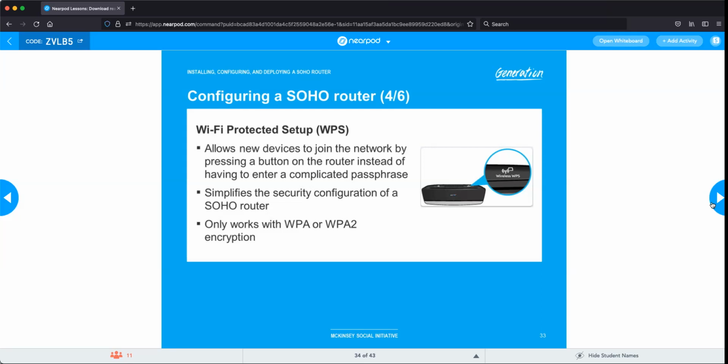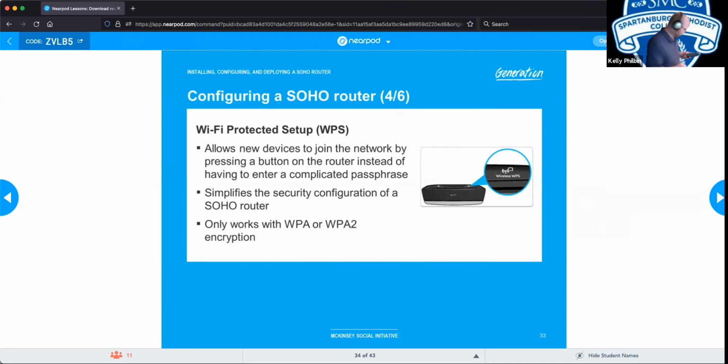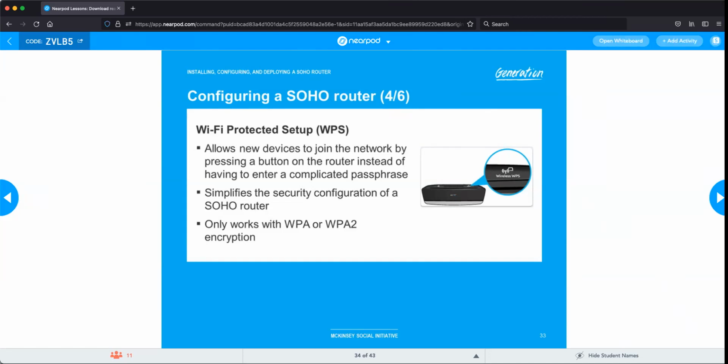So that printer we talked about, right? I love it. It's working exceptionally well. So I get a new router, right? And I want to make that printer wireless on the network. So there's a button on the top of that printer that I can press that will shoot out a message to my router or to my computer that will allow it to automatically sync up with all the information it needs to get on my network.